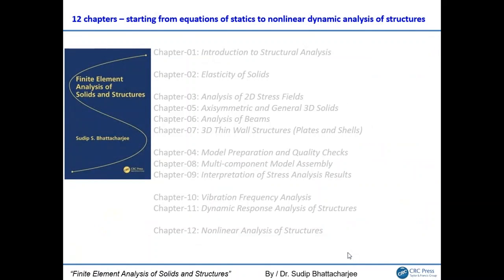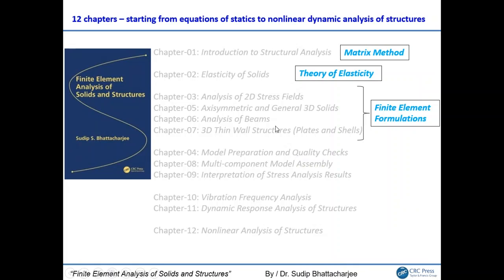There are 12 chapters dedicated to different themes, but the bigger themes are matrix method of structural analysis, theory of elasticity that forms the foundation of finite element formulations for solids and structures, and then use of that knowledge with commercially available software products for practical problem solutions, starting from model preparation to interpretation of the results.